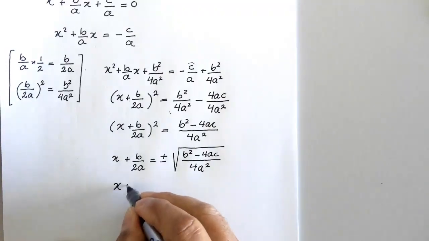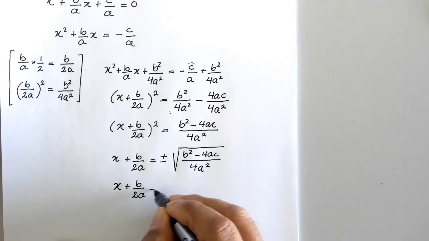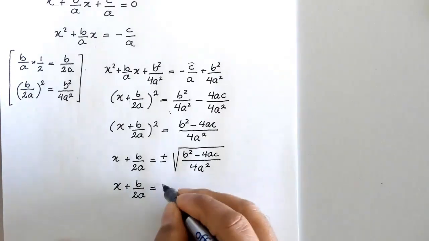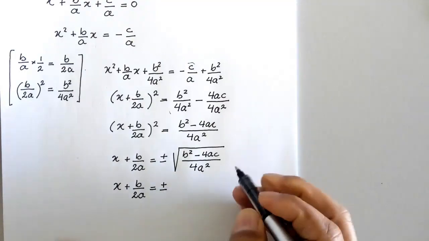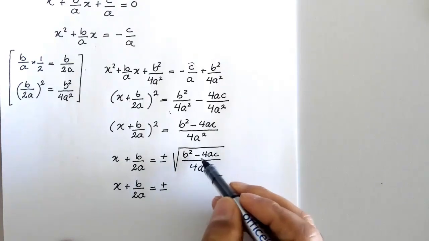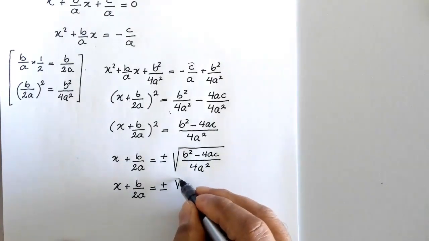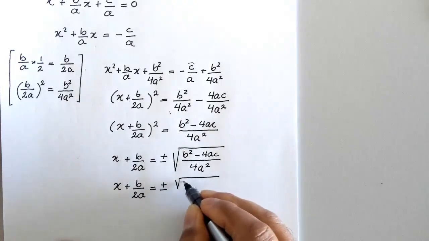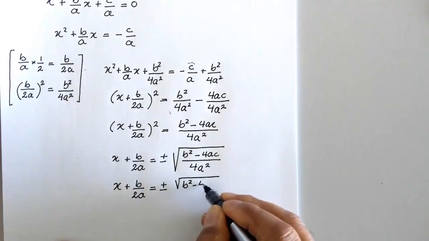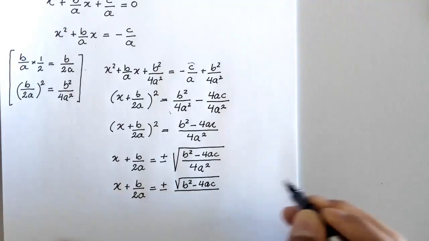So we're going to have x plus b over 2a is equal to plus or minus. Now we cannot simplify the square root of b squared minus 4ac, so the top line will keep the square root, but the bottom can be simplified.